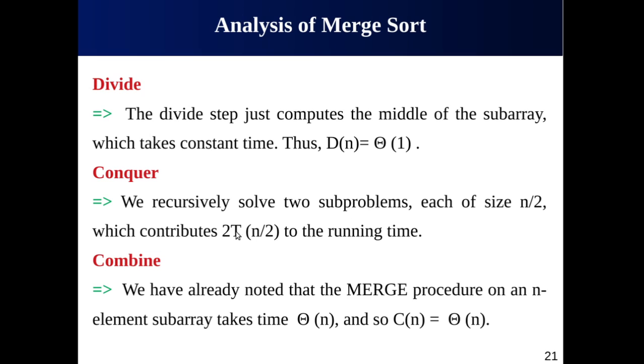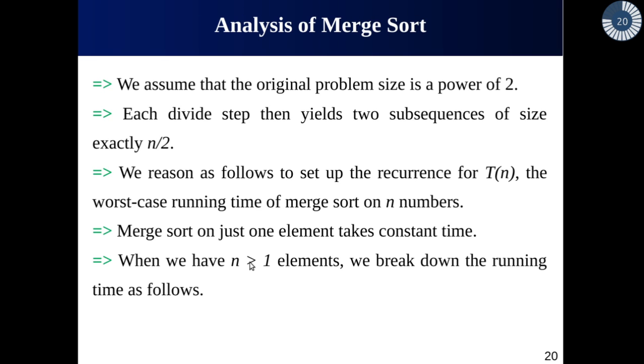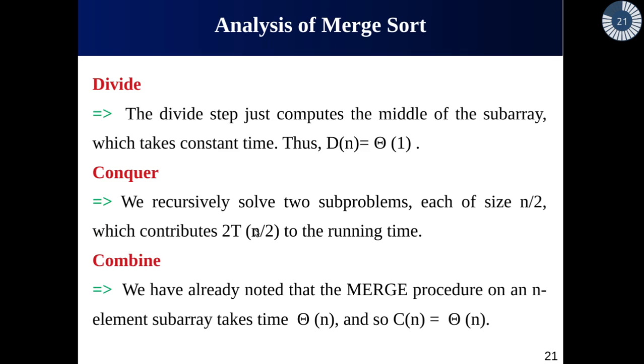Each subproblem will take time T of n by 2. So the two subproblems will take 2 multiplied by T of n by 2, as we saw in this equation. We multiply the total number of subproblems, which in this case is 2, by the time taken by each subproblem, which is T of n by 2. So multiply them both.